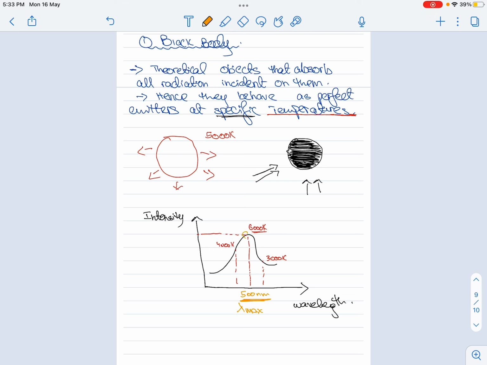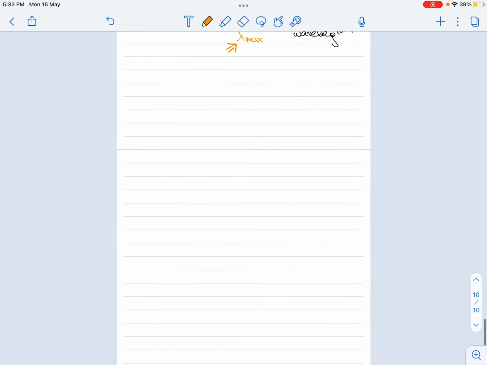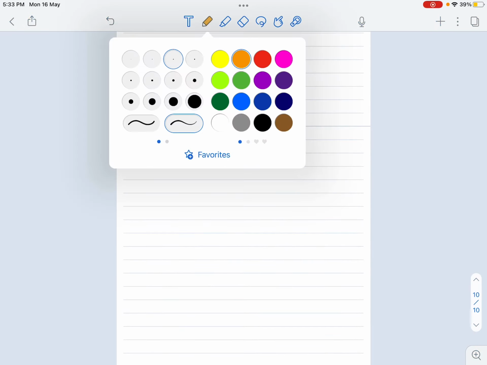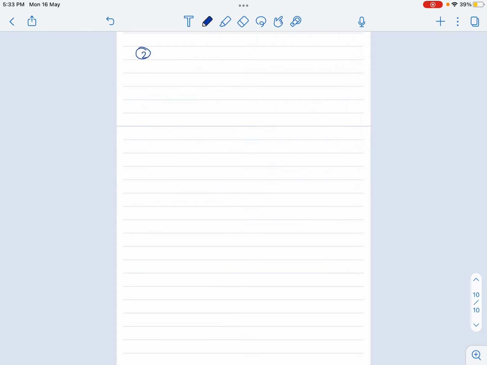First of all we see the peak, and then we see what x value this corresponds with, and then we call that x value wavelength max, right? And then we note this wavelength max value, and then we go on to step 2. Step 2 is the Wien's displacement law. Now this will make sense. You'll see why we use the wavelength max value. So we'll use Wien's displacement law.